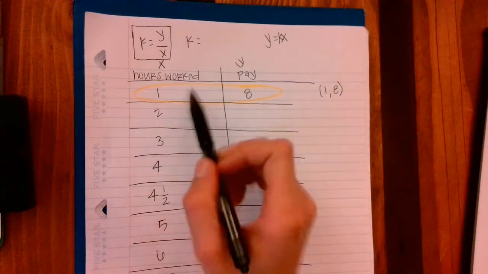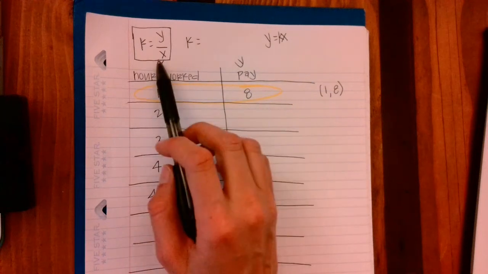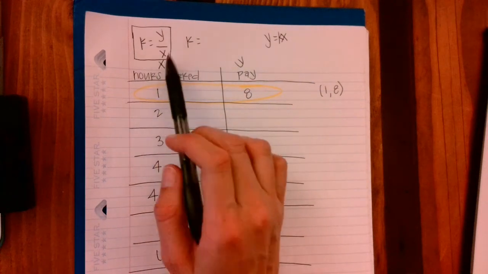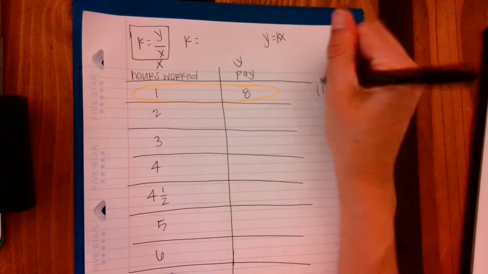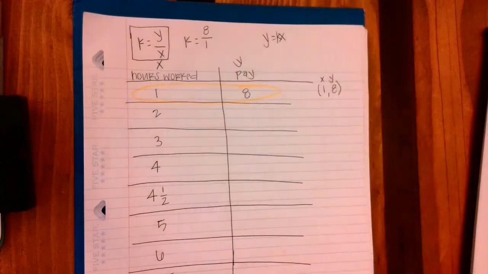So I'm going to go ahead and take this one set that was given to me and plug it in for k. Remembering my y goes over my x. So my k is going to be 8 over 1. And earlier today, we talked about how you could leave things in fraction form.